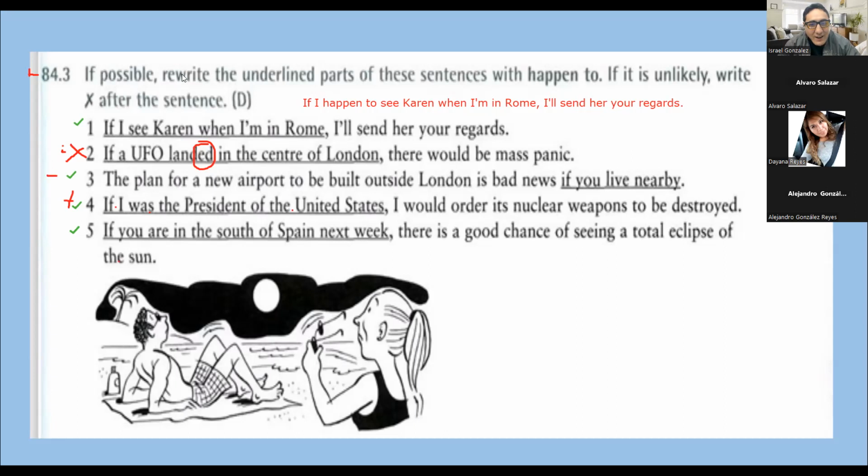Don't chicken out. And then the number 3, teacher, is if the plan for a new airport happen to. Happen to what? The plan for a new airport happen to.